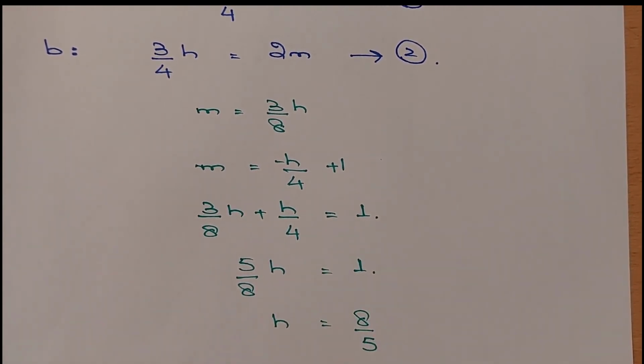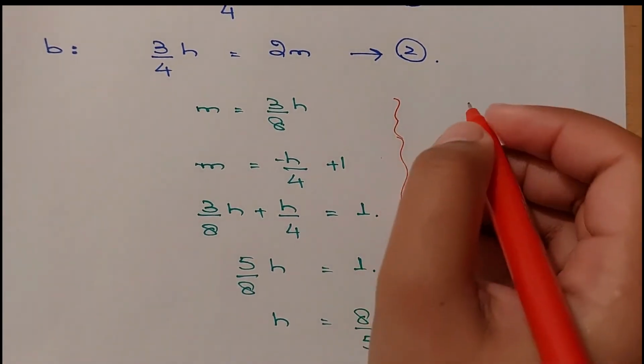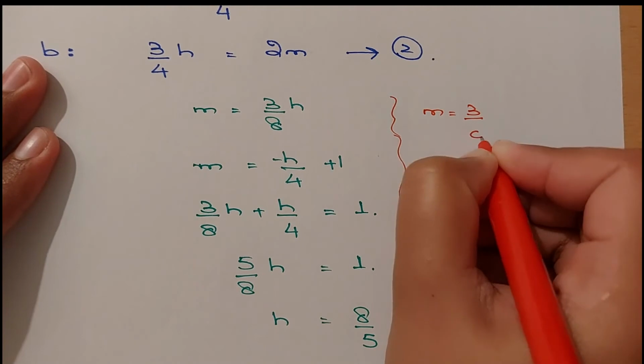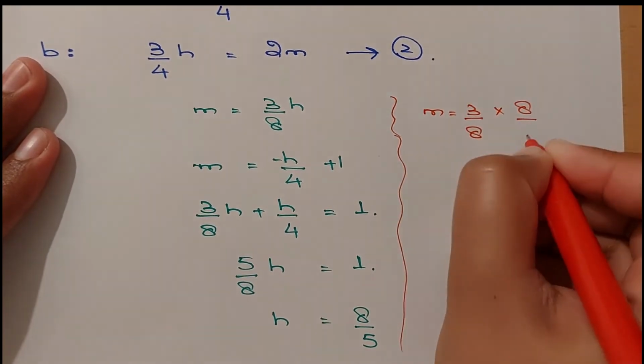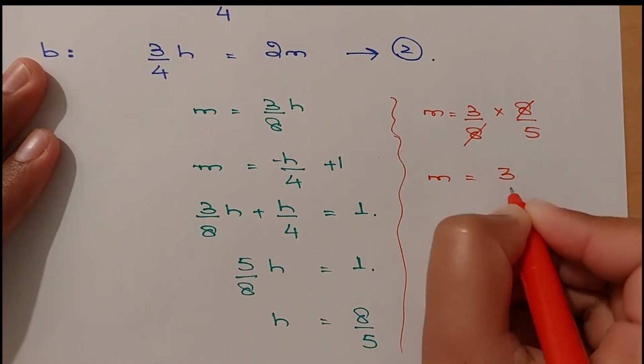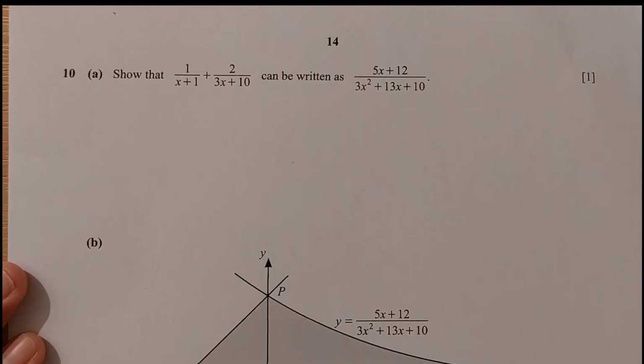So the h value is 8 by 5, and here the m value is going to be, if I substitute here, m is equal to 3 by 8 of h, that is 8 by 5. 8 is cancelled with 8, the m value is 3 by 5. m is 3 by 5 and h is 8 by 5.